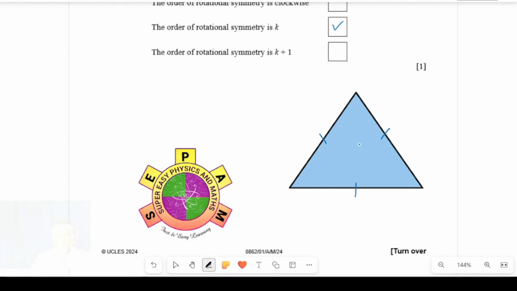Now for this three-sided polygon, let's draw the lines of symmetry. So you can do this.